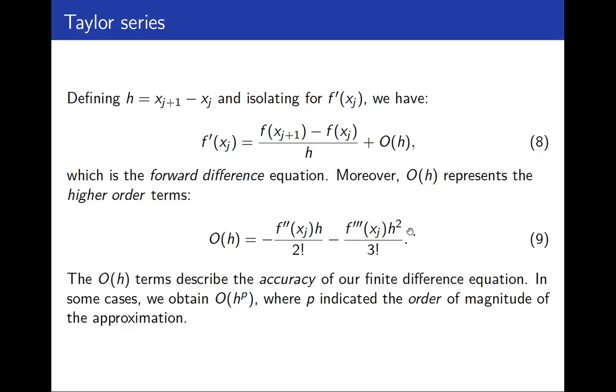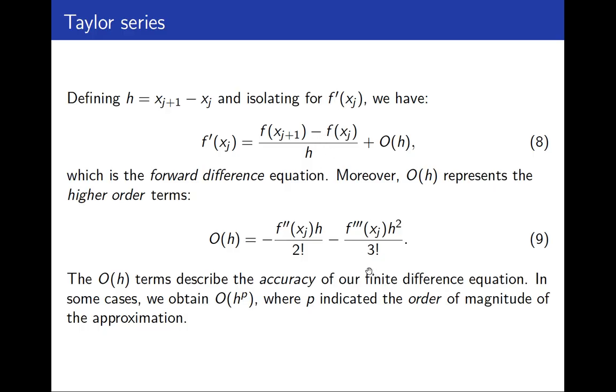Again, let's say we want to estimate the derivative of this function. If we want to use this equation, we are ignoring this term, so we are introducing an error into our computation.